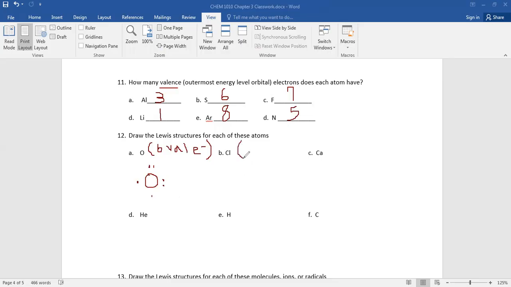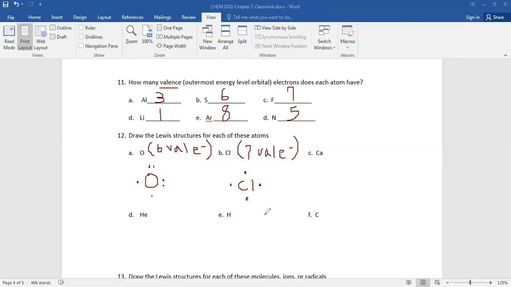Chlorine is in group 7A. It has 7 valence electrons. And so again, I write the symbol for the element. I put 1 dot representing 1 electron. Each dot that I'm putting is representing an electron.